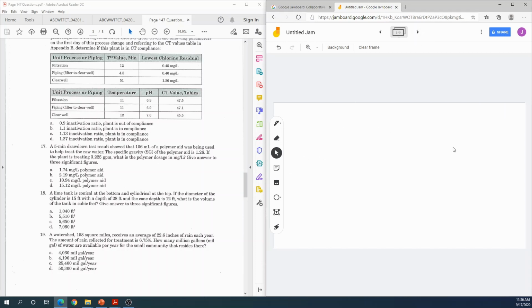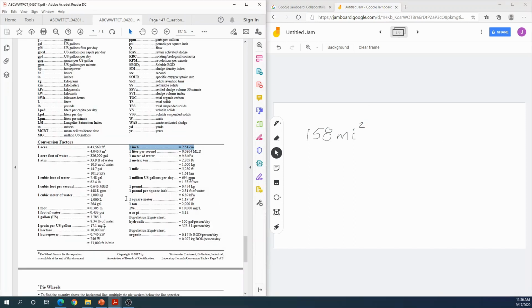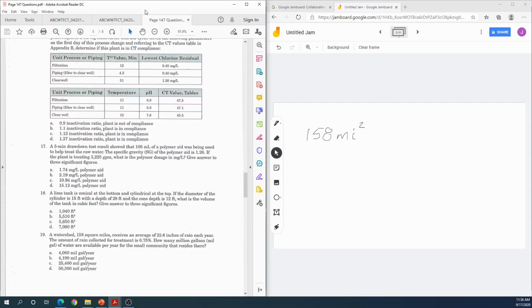So let's start by putting everything into feet. So we got 158 miles squared. Let's look at our cheat sheet. Well, we know that in 1 mile, there's 5,280 feet.